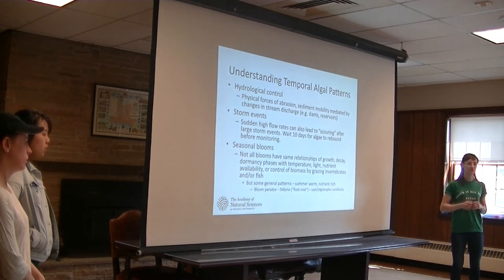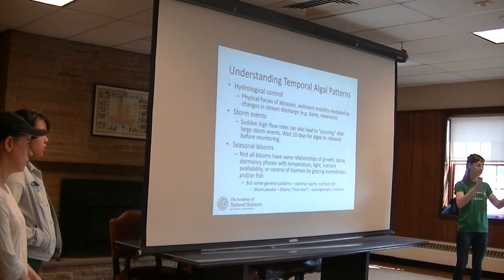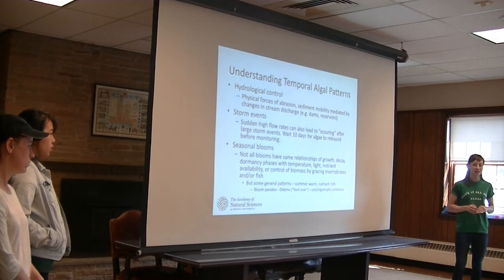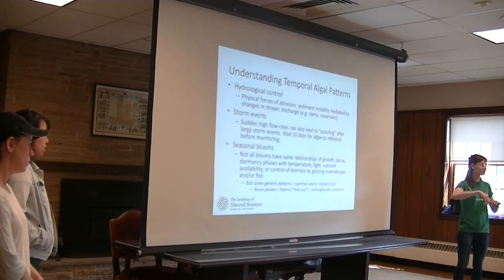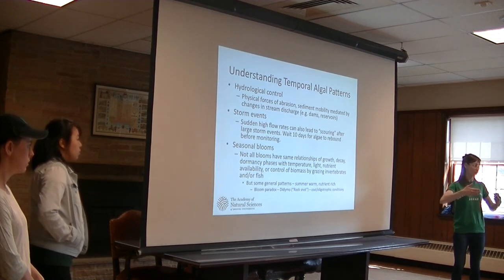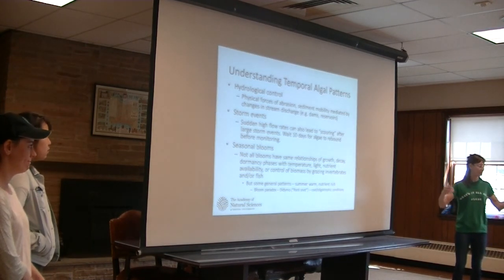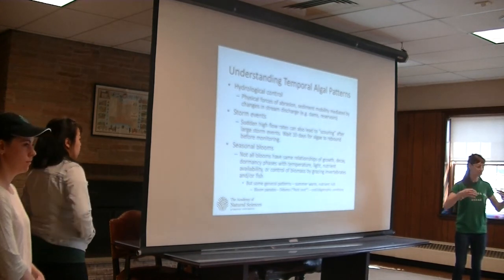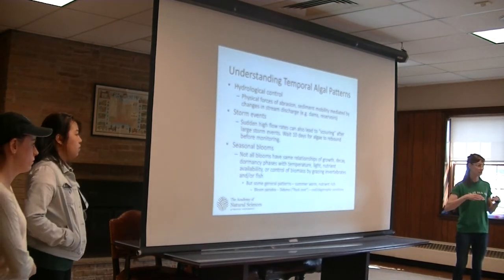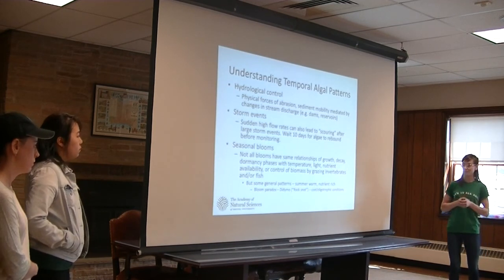If you're monitoring a stream that is slow-moving, has steep or vertical banks, and a sandy bottom, maybe it's near a farm, you would see a lot of primary production or a lot of algae growing. You can think about it like a lot of fertilizer maybe from the farm going into the stream. And that might be your baseline condition for what a normal amount of algae looks like.